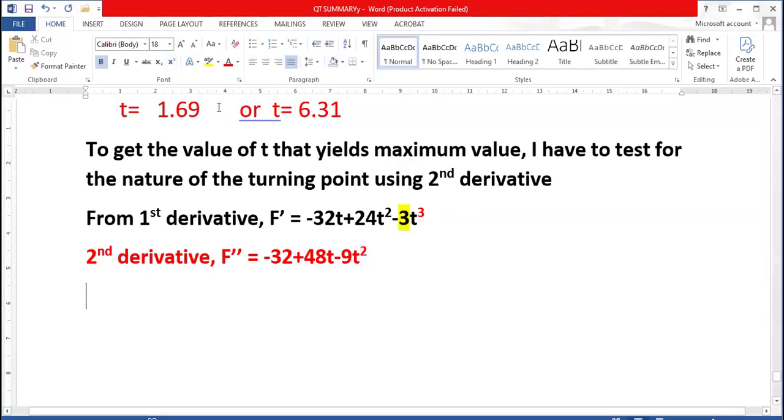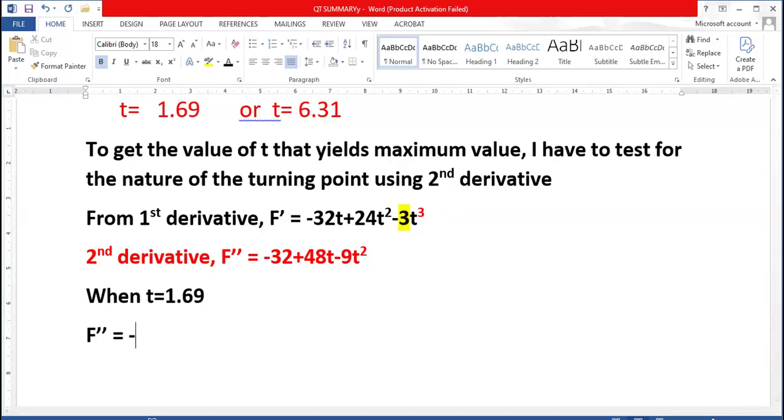Once you get the second derivative, you're going to say that when t is equal to 1.69, what will be your second derivative? This is what I was telling you. So substitute.